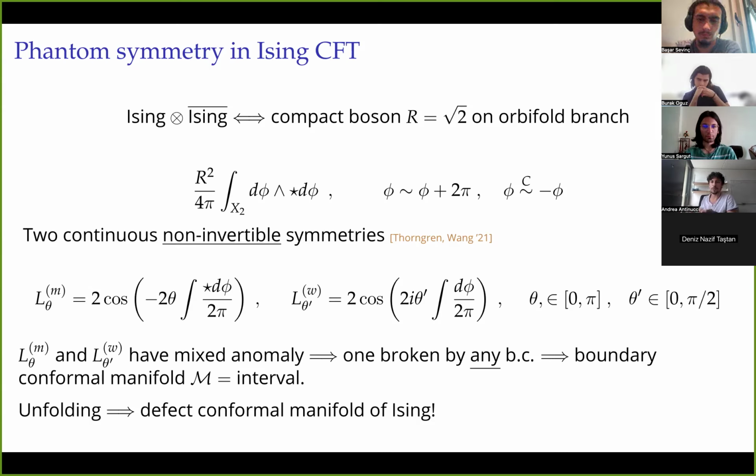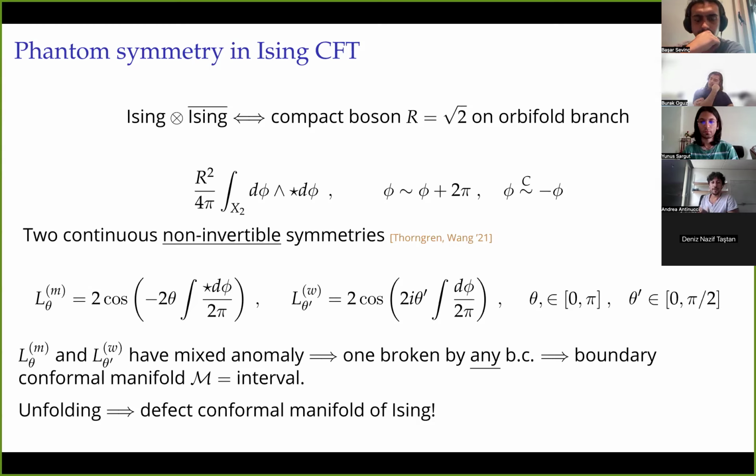So at least one of the two symmetries must be broken by any boundary condition. And as I'm breaking a continuous symmetry, I will get a conformal manifold of boundary conditions, and as I just explained, upon unfolding, I will get a conformal manifold of defects.